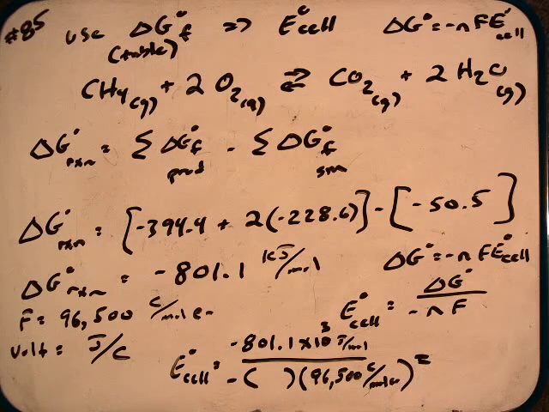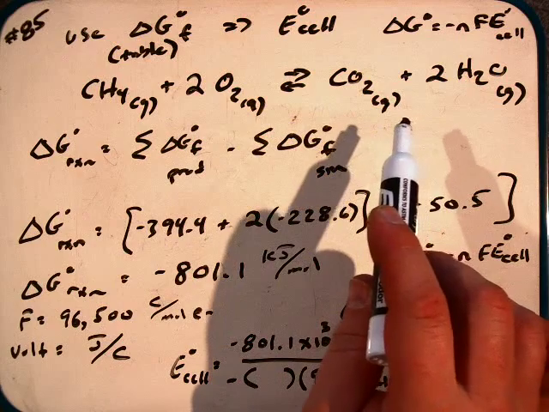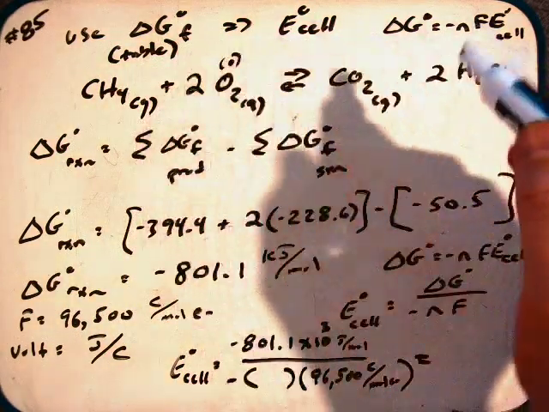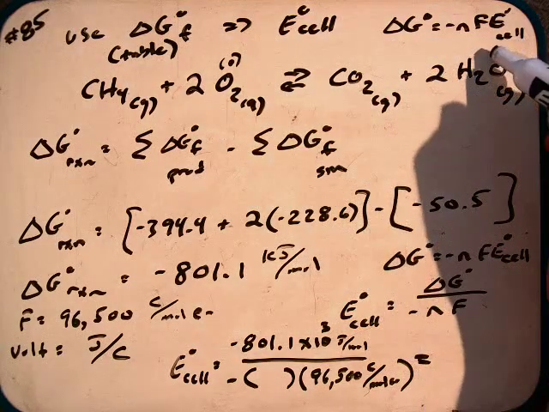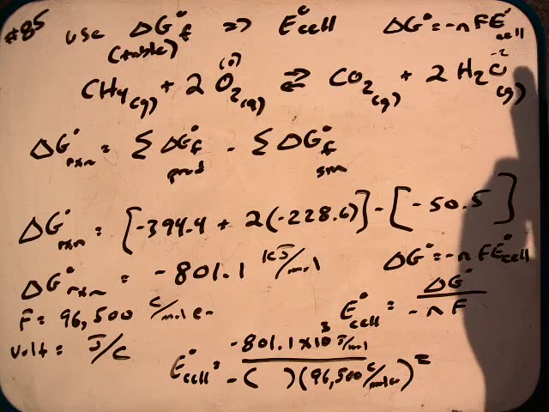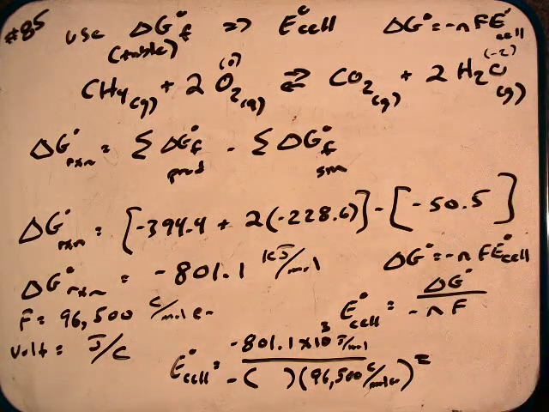But let's go back to N. We have to figure out what N is, and that comes in looking at the changes in our oxidation numbers. Our oxygen, which is 0, is actually being reduced. It's being turned into water, and so it's going from a 0 oxidation number to a -2 oxidation number.